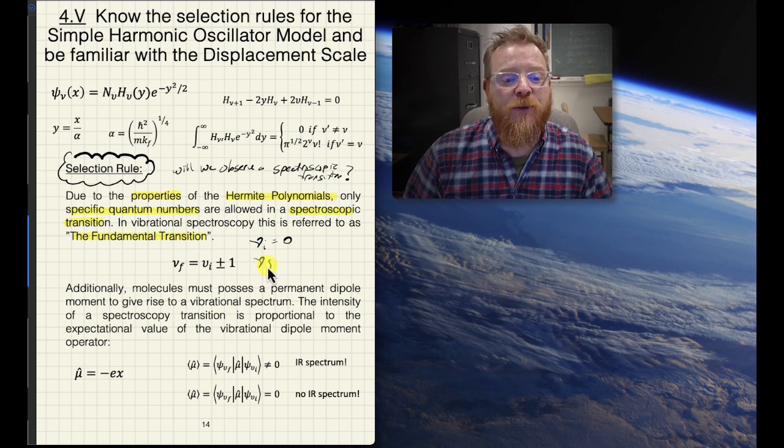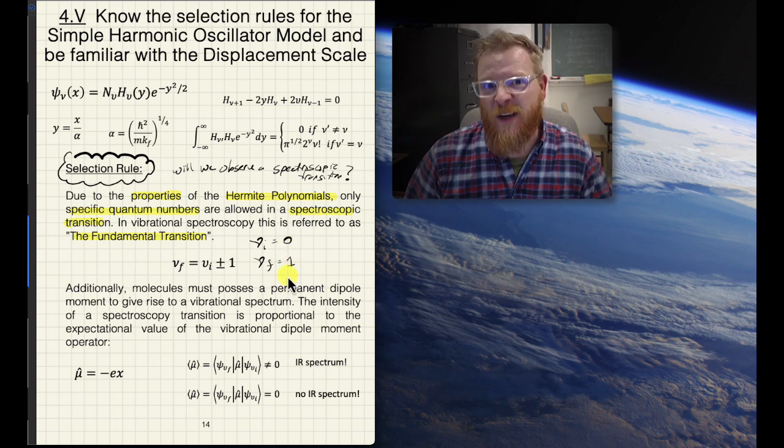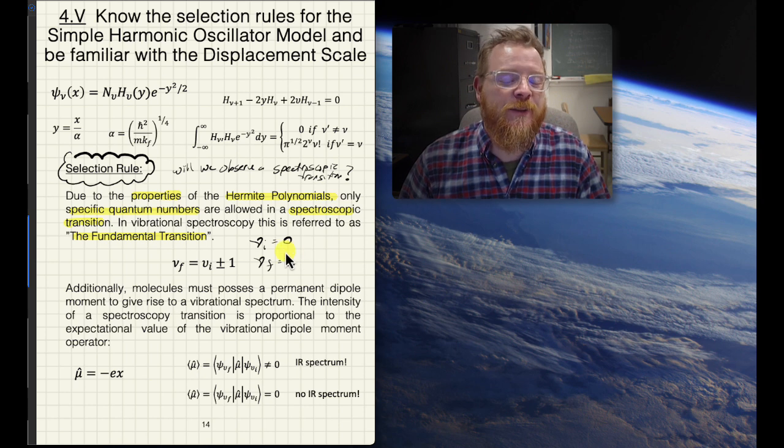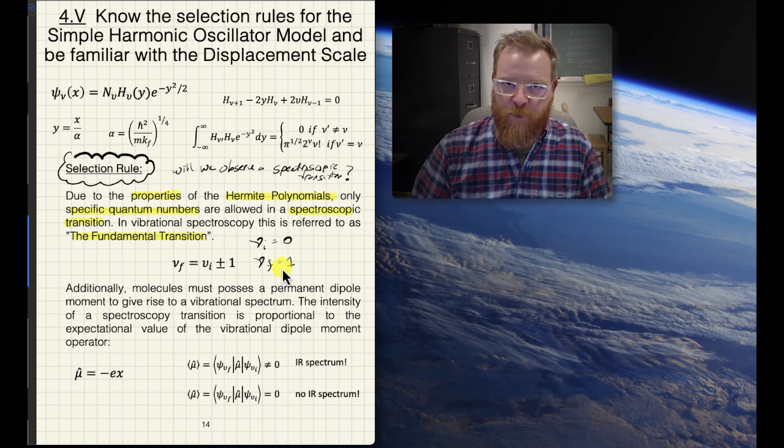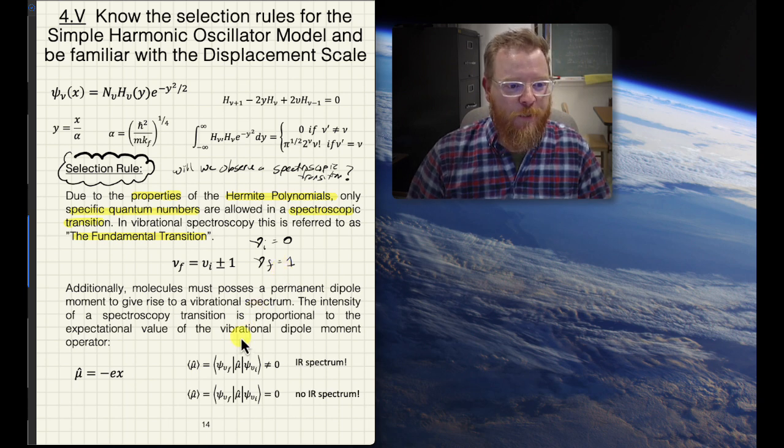So the fundamental transition that we observe in FTIR spectroscopy is just going from nu is 0 to nu is 1, or really rather nu is 1 to nu equals 0, right? So that's the less familiar selection rule for us, and we'll play that out in more detail as we go.